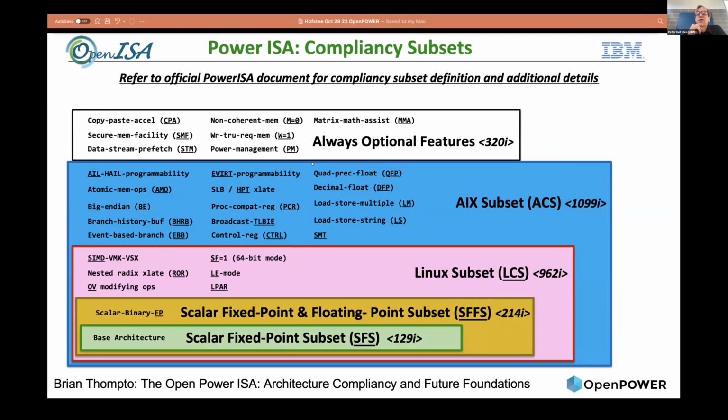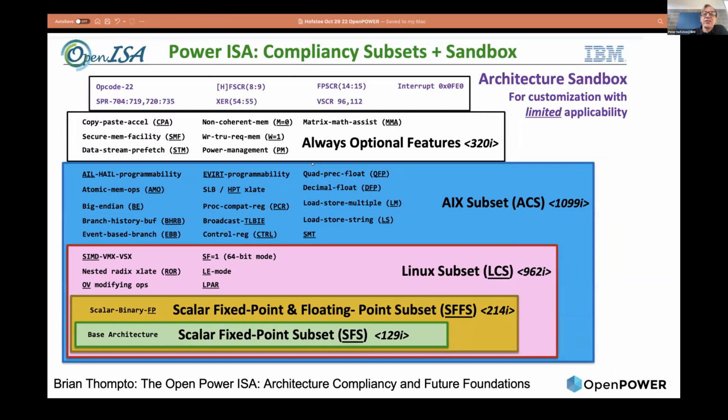Now, the one thing that this chart does not yet address is this question of flexibility and innovation. So you want to have clearly defined compliance levels, so that somebody who builds a compliant architecture at a certain level, people who use that implementation can actually rely on the software to work. But you do also want to have the freedom for architectural innovation and exploration.